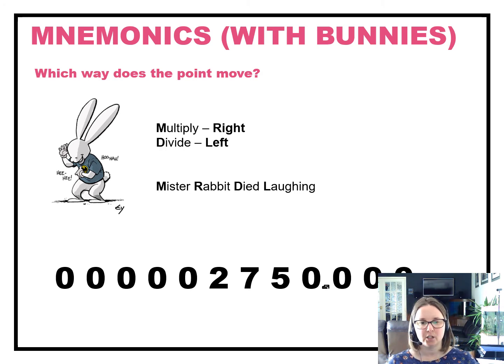It's a placeholder zero. It's telling us that there are no units in this number, and it's doing its job of holding the rest of these digits in their place in that number. So it's called a placeholder zero. Those are really important, and it's really important that you can tell the difference between what kind of zero you're dealing with when presenting a number.